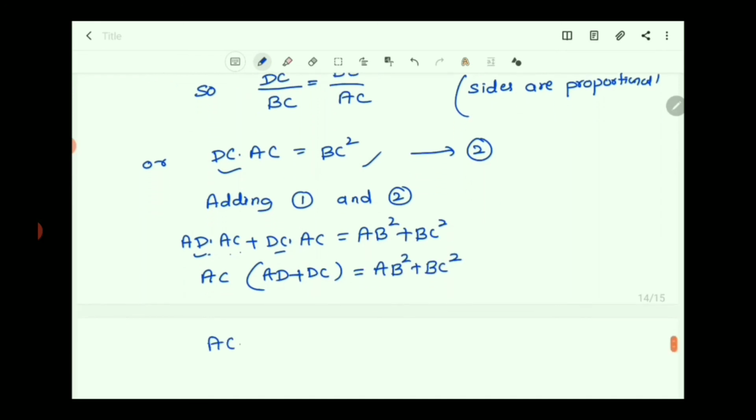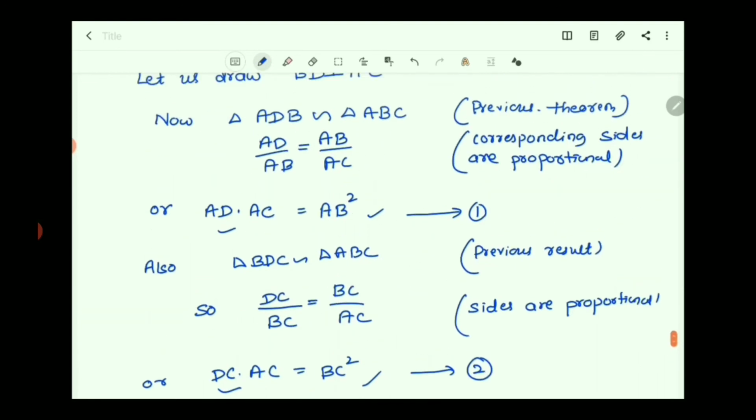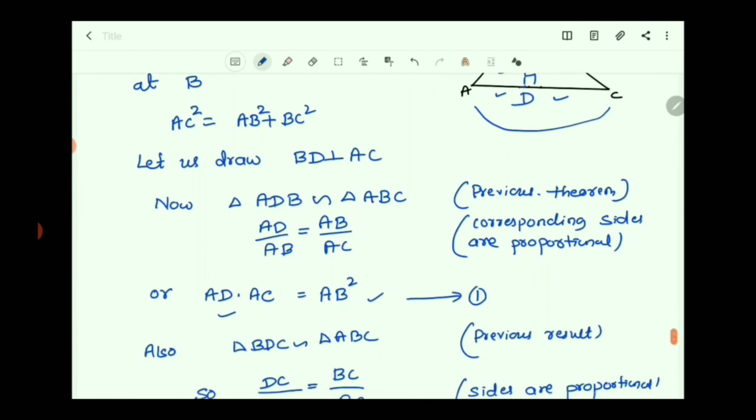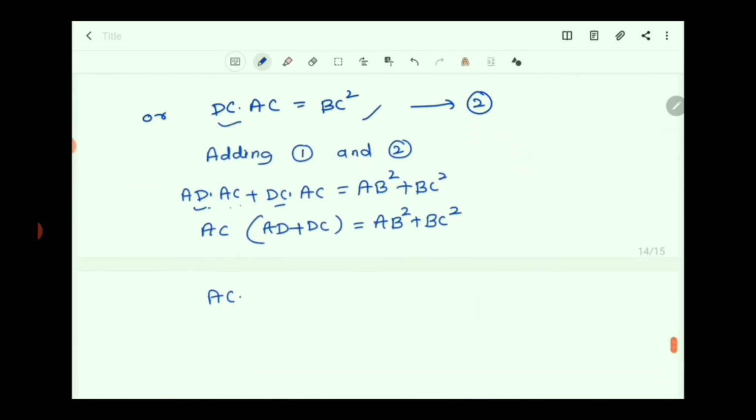In the figure, by adding AD and DC you get AC. AD plus DC is AC only.